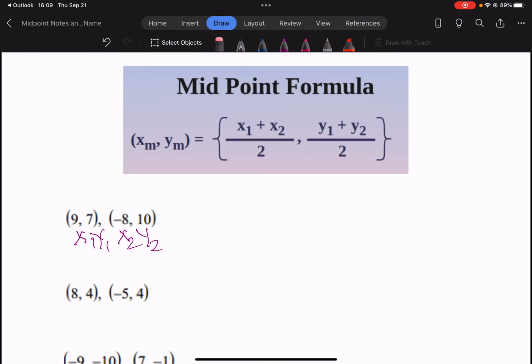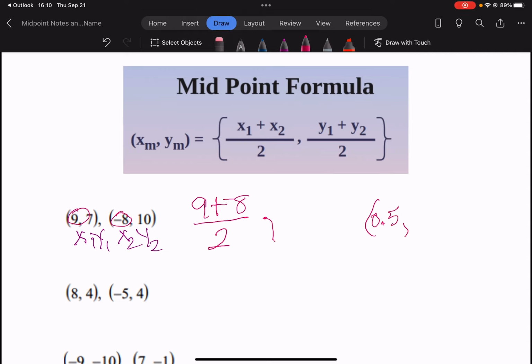So you first add the x's together. So 9 plus negative 8. And then find that answer and divide it by 2. Okay. Right, you get 1, so it's a half. And half as a decimal is what? Good, 0.5.